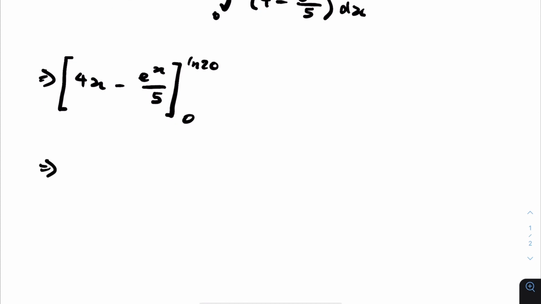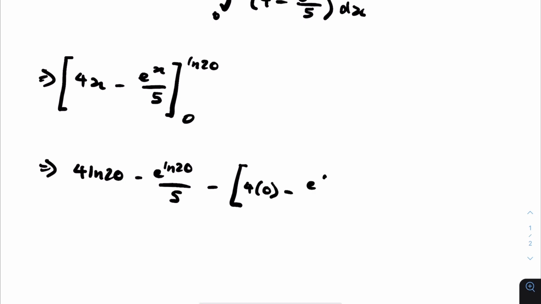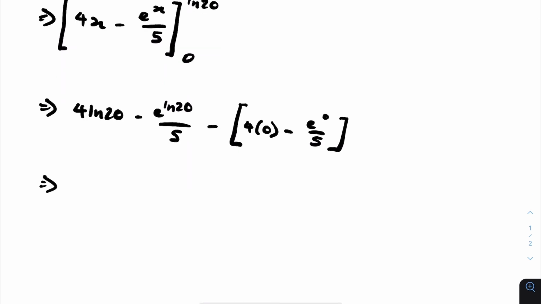So when we evaluate this, we get 4 ln 20 minus e to the power of ln 20 over 5, minus, and then if we put the lower bound in, we get 4 times 0 minus e to the power of 0 over 5. This gives us 4 ln 20, and then e to the power of ln 20 is just 20, so we get minus 20 over 5, minus, and then minus 0 but plus 1 over 5.